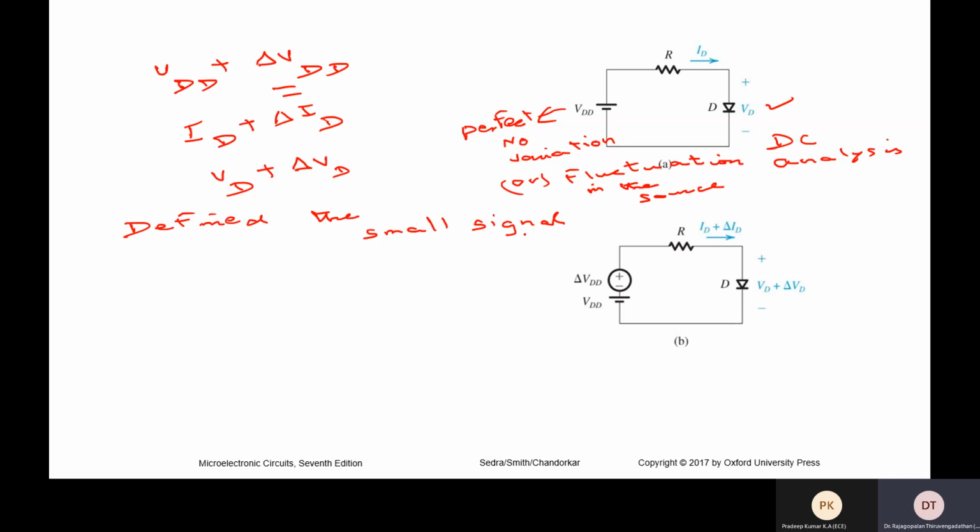The signal can be a sinusoidal superimposed on DC, or a triangular or square wave superimposed on DC. But how small the signal has to be is something we defined. This delta VD that you are seeing is a time varying quantity, which I represented as vd(t).